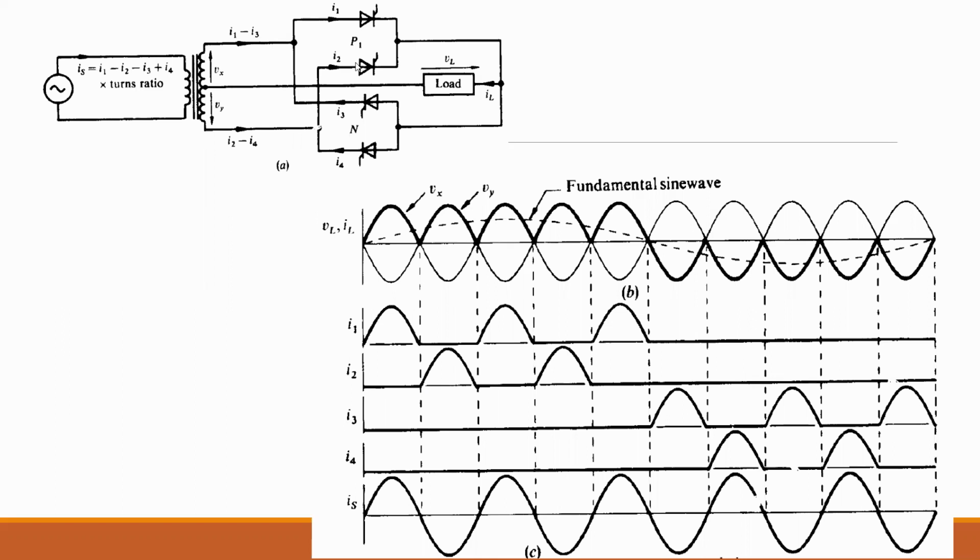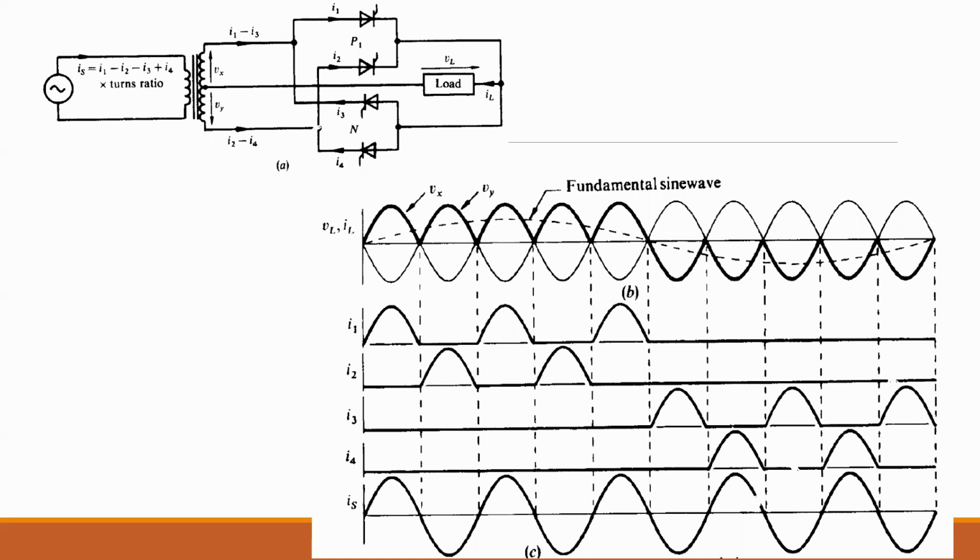Same, we have to provide a firing pulse to thyristor T2, as we have to turn on this thyristor and this thyristor. When do we have to turn them on?